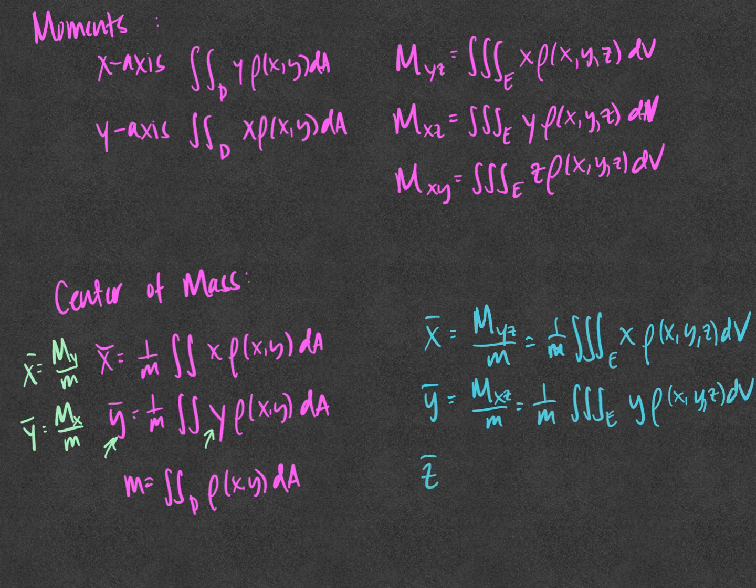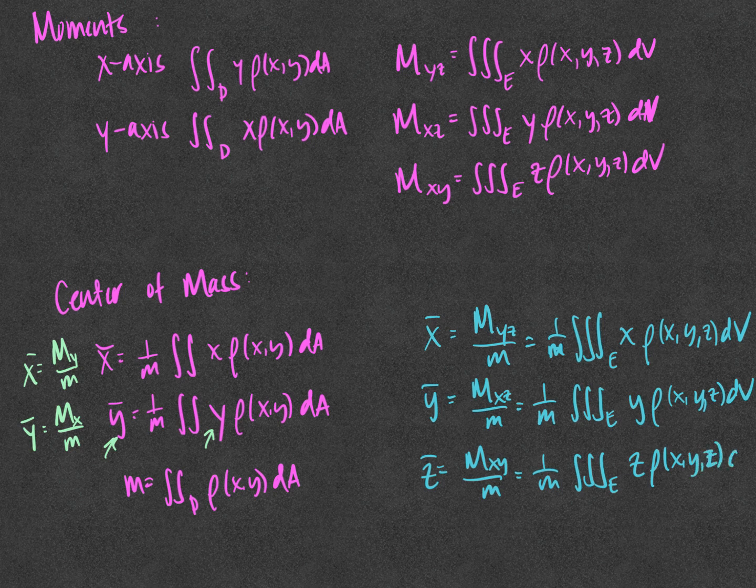Then z-bar is equal to the moment about xy over m, which is 1 over m times the triple integral over E of z times rho of xyz with respect to the volume.